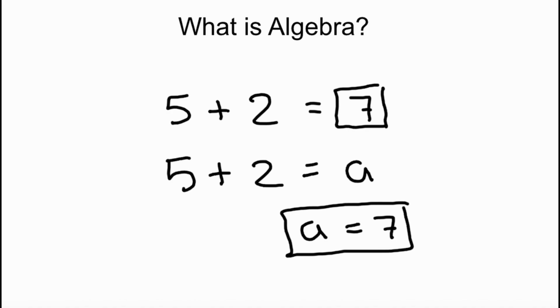So sometimes you're going to have to use two different variables to represent two different unknown values that are not equal to each other.